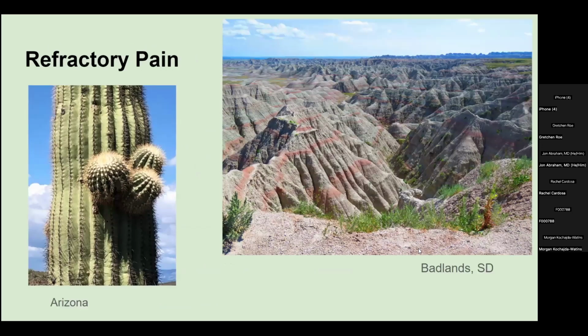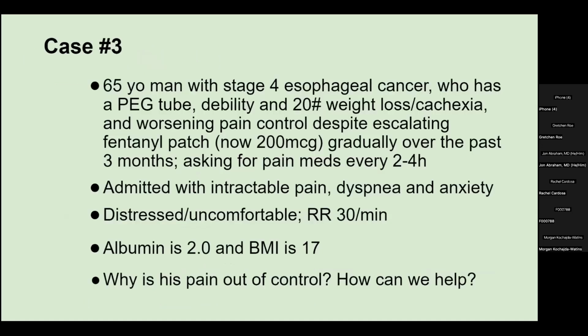All right, let's talk about refractory pain, because this is where the rubber meets the road. A 65-year-old man with stage 4 esophageal cancer who has a PEG tube. He's debilitated, he's lost weight, he's cachectic, and his pain control is worsening despite escalating his fentanyl patch, which is now 200 micrograms gradually over the last 3 months.